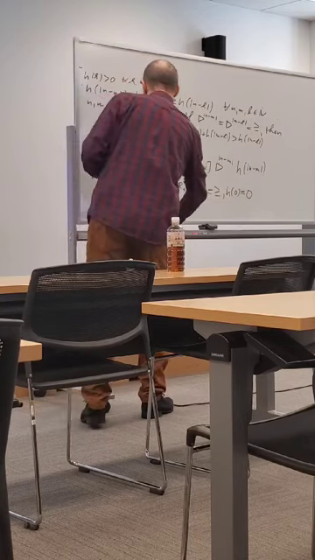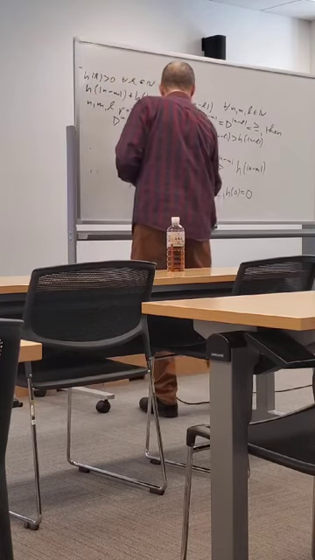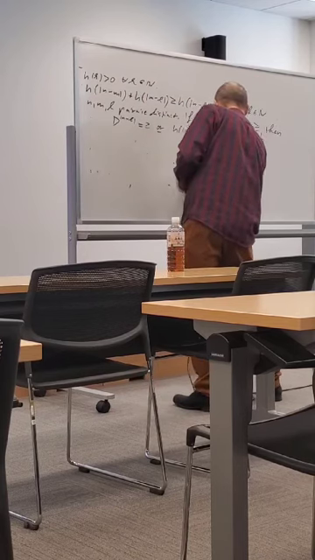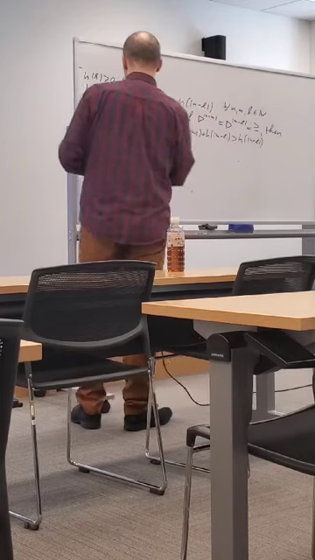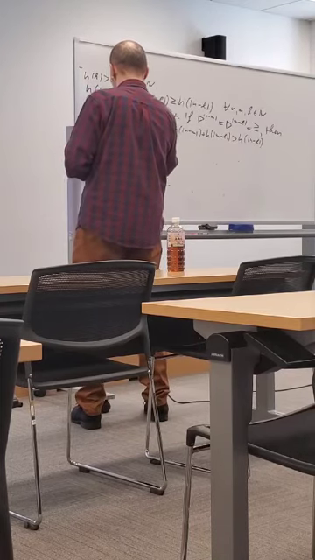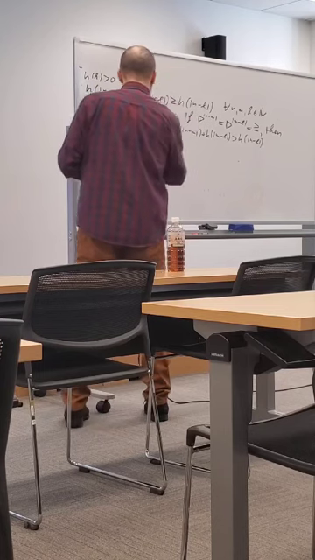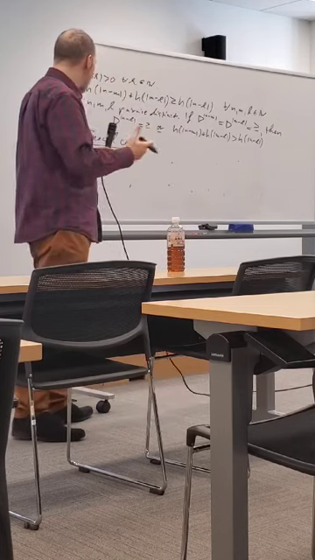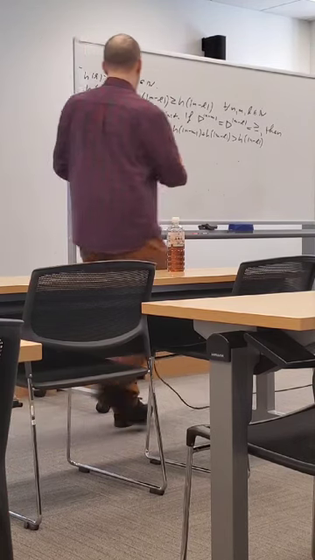Now, there are two special cases that may be of interest here. So one special case is what we call proportional threshold critical level utilitarianism.